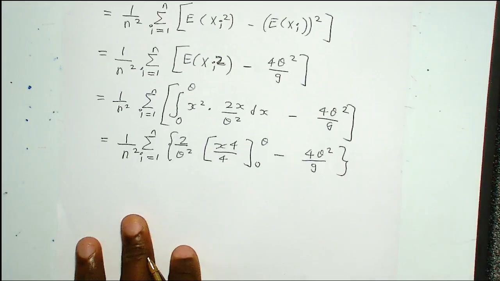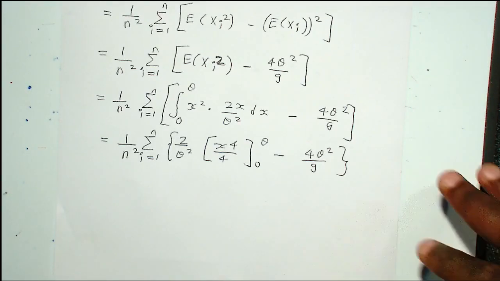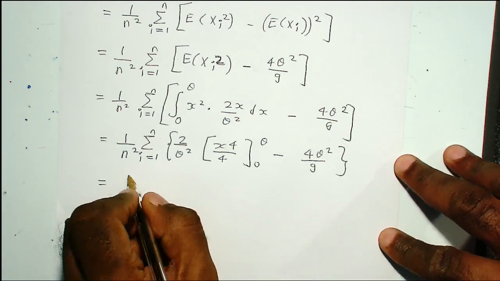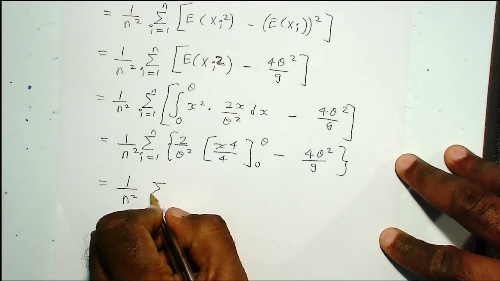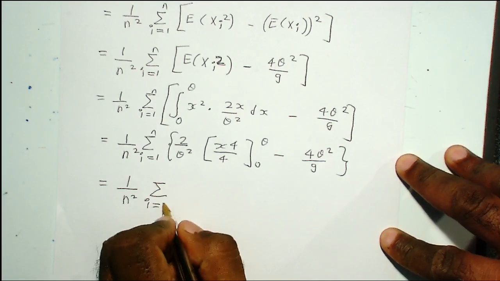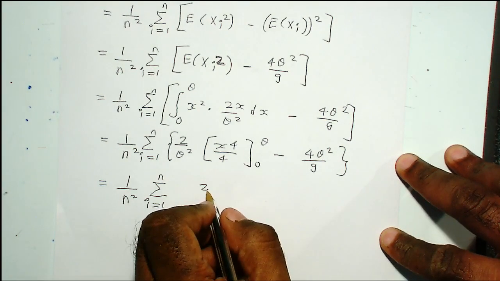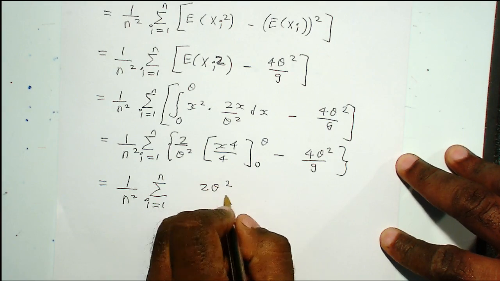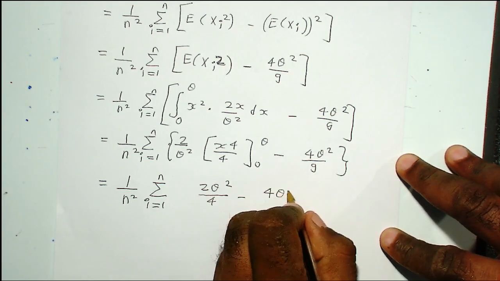Right. Now, taking the limits, you will see that this becomes 2 theta squared divided by 4 minus 4 theta squared by 9.